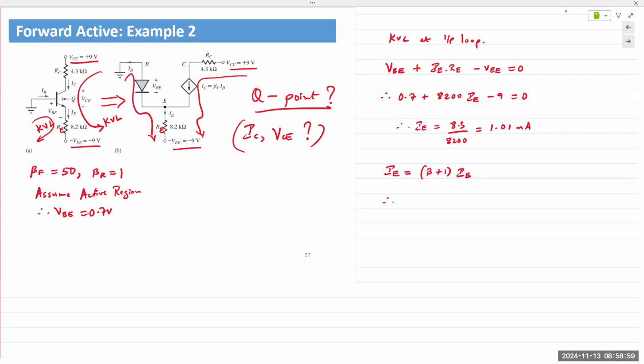And so I can write IB is IE over beta plus 1, which gives me 1.02 times 10 raised to minus 3 divided by 50 plus 1. It gives me IB of 19.8 microamps, which seems about right because IE and IC are typically in milliamps and IB is typically in microamps.